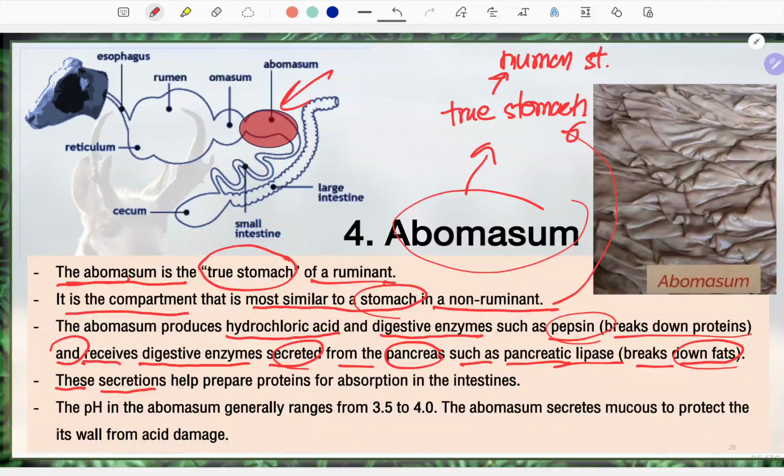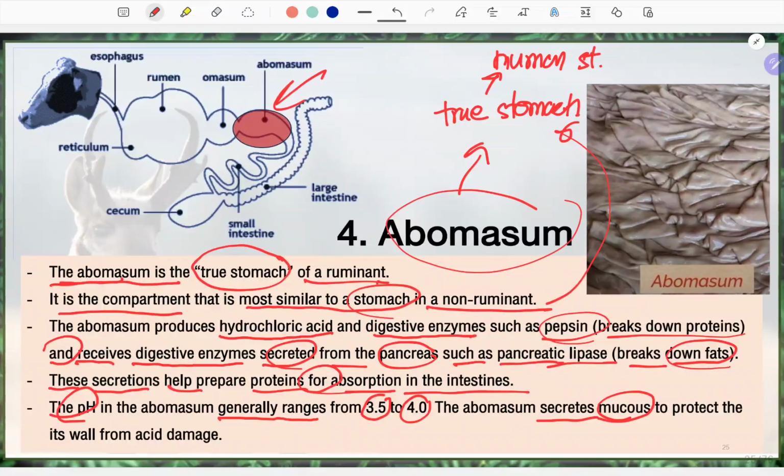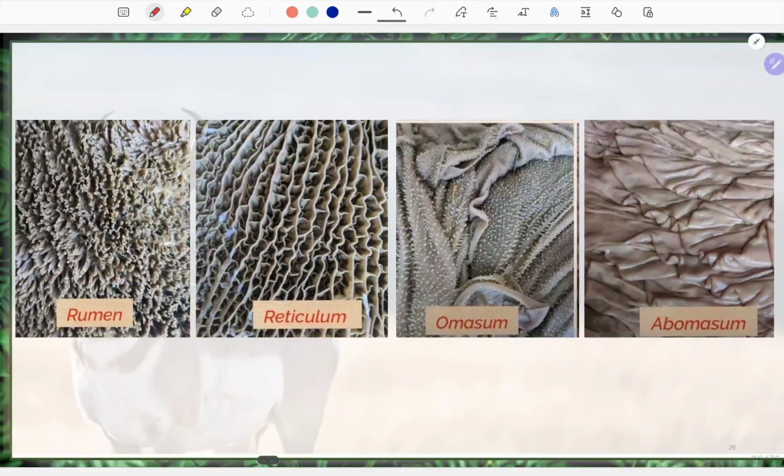This secretion helps prepare protein for absorption in the intestine. The pH in the abomasum generally ranges from 3.5 to 4.0. The abomasum secretes mucus to protect its wall from acid damage. These are the functions of the abomasum.